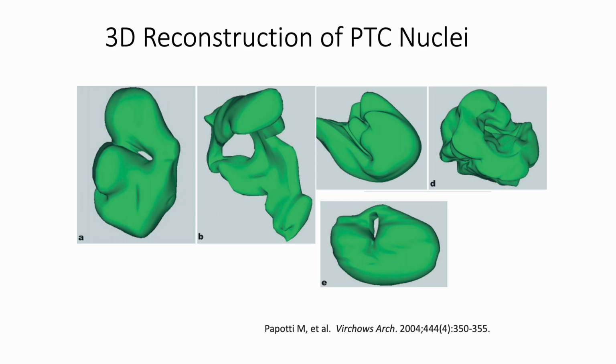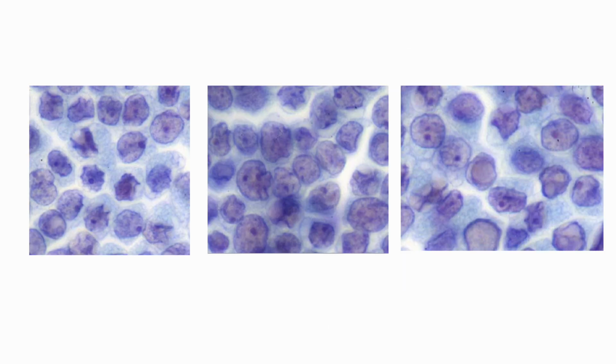Studies have shown that PTC nuclei actually lose their usual structural rigidity, they become abnormally pliable. And thanks to 3D reconstructions like the one shown here, we can actually visualize how PTC nuclei fold and bend into odd shapes. This explains why we see things like nuclear membrane irregularities, grooves, bizarre nuclear shapes, and intranuclear cytoplasmic inclusions under the microscope.